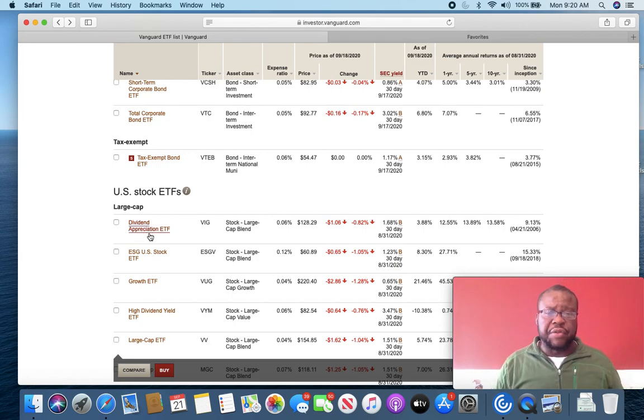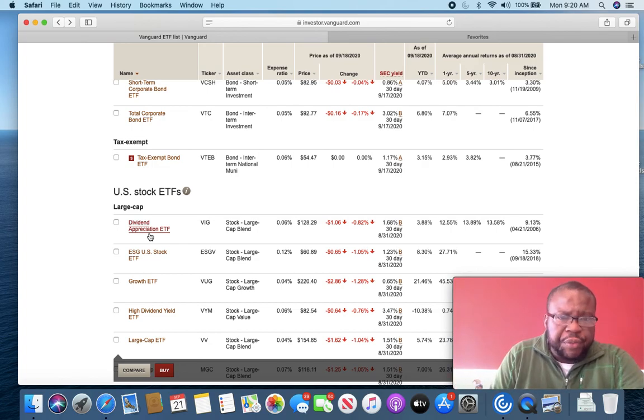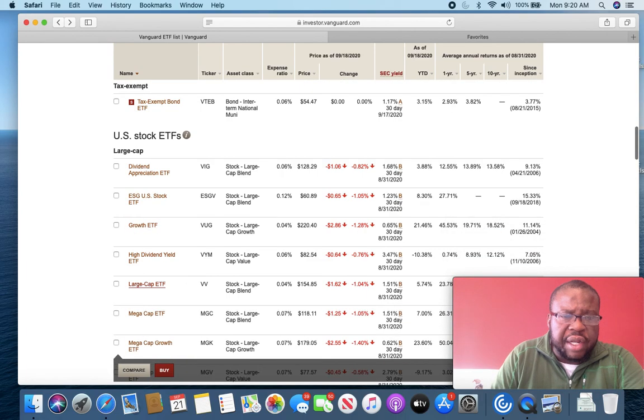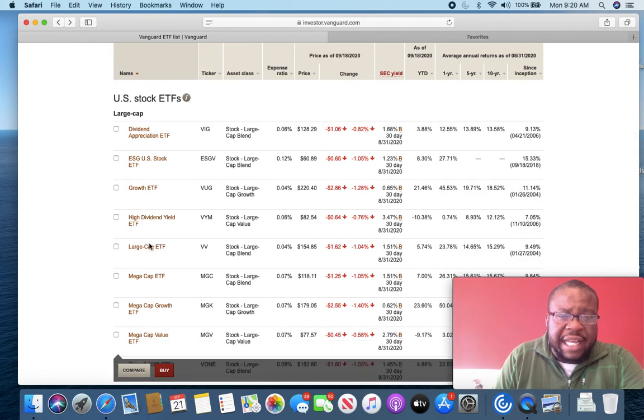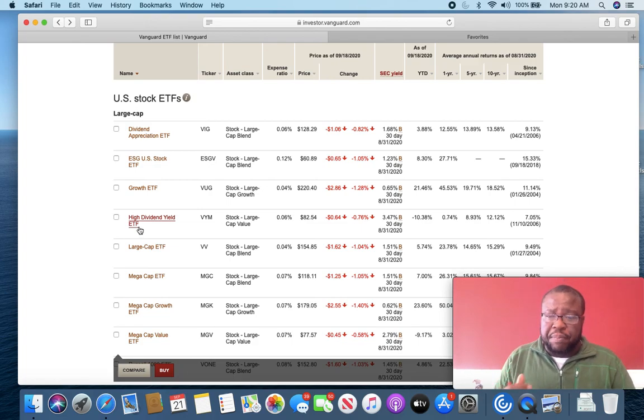So obviously this ETF is a basket of stocks that is more looking for stocks that probably have increasing dividends. If that's something important to you, that might be something you may want to look into, right? Growth ETF, right? Basket of stocks that are more interested in growth. These companies have grown. High dividend yield ETF. You're looking for stocks that have higher than average dividend yield. There's a basket of those stocks.